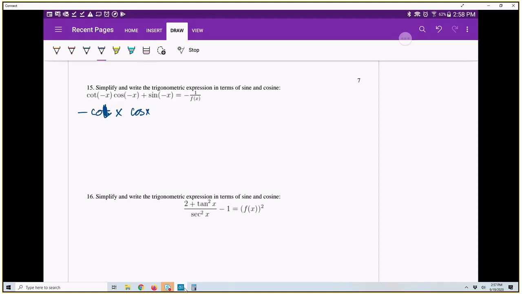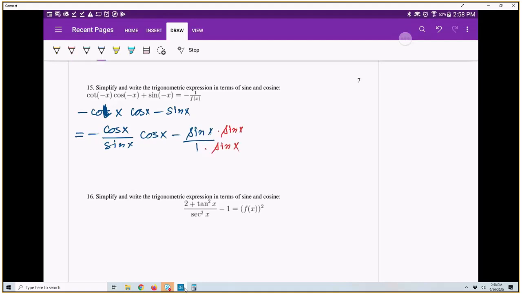It's odd, so we get minus sine of x, which is equal to minus cosine of x over sine of x times cosine of x minus sine of x over 1. So if I want to find the common denominator, I have to multiply sine of x on top and bottom.